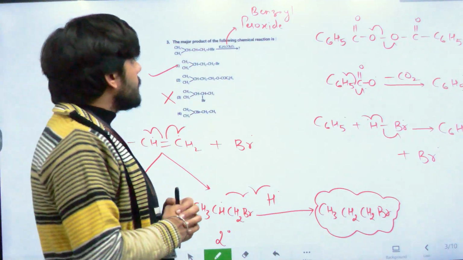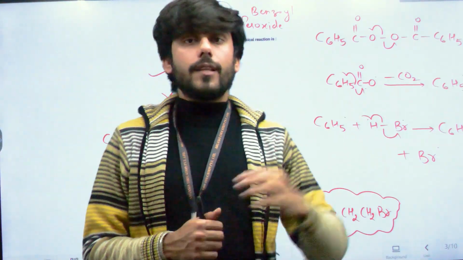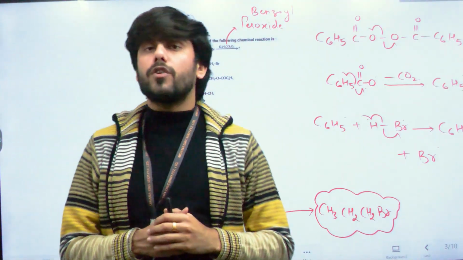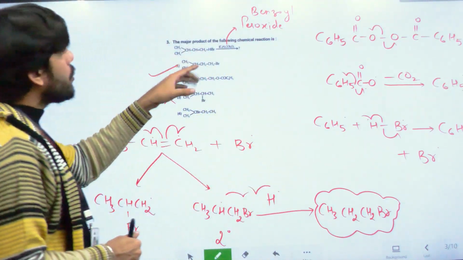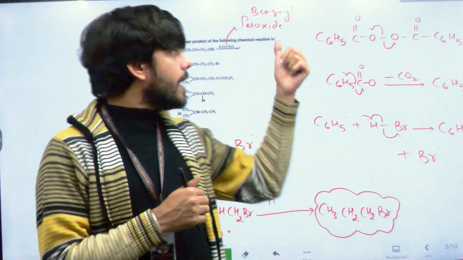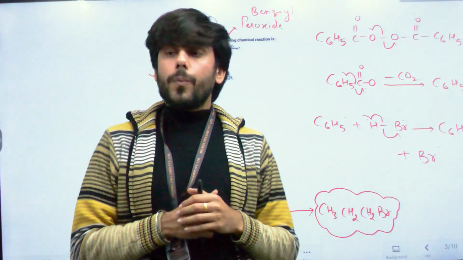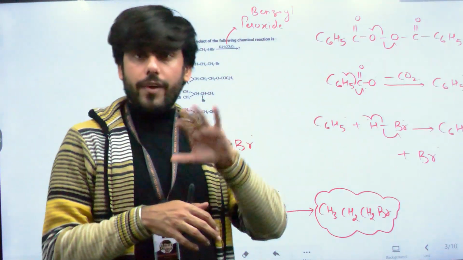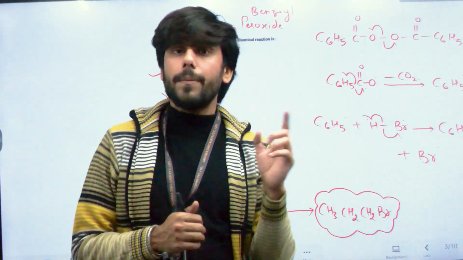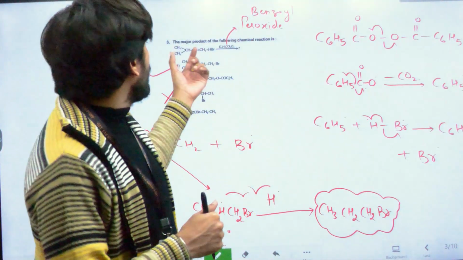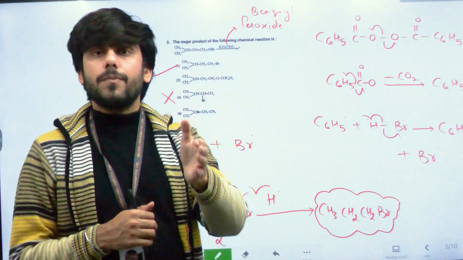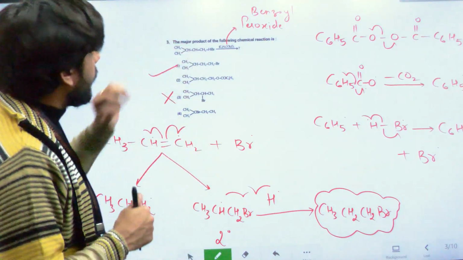And there is one more point to note, that this peroxide effect is observed only in the case of HBr. We do not talk of the peroxide effect in the case of HCl. If it had been HCl, the peroxide would not have affected our product, and the product would still be governed by the stability of free radicals, which says 3 degree is more than 2 degree is more than 1 degree.